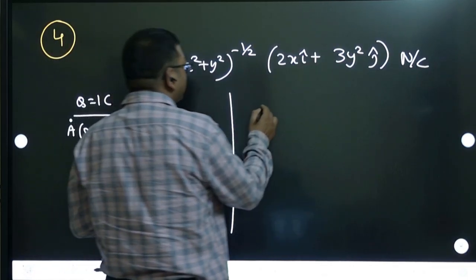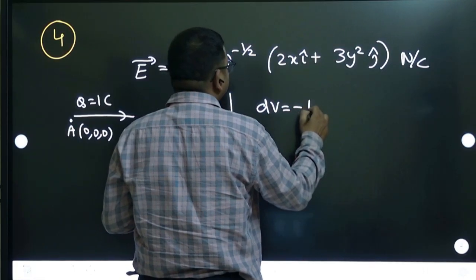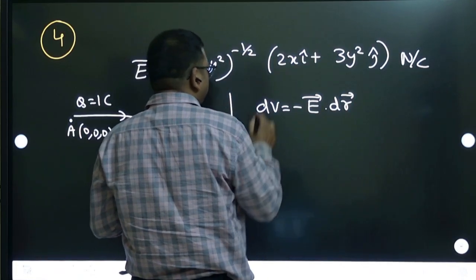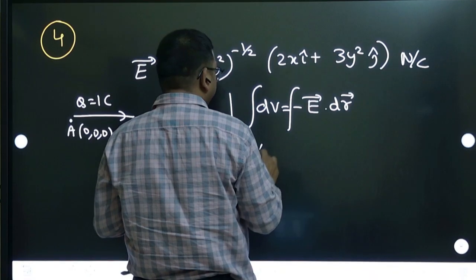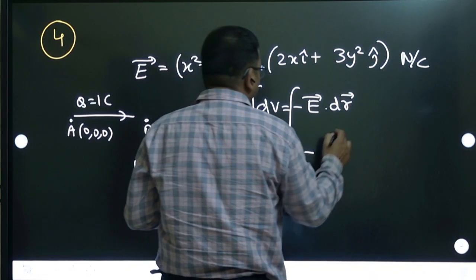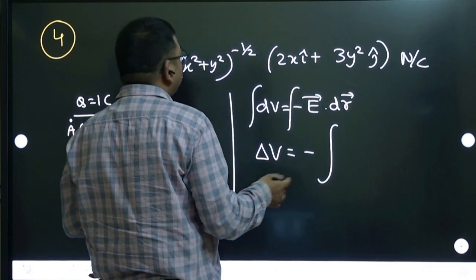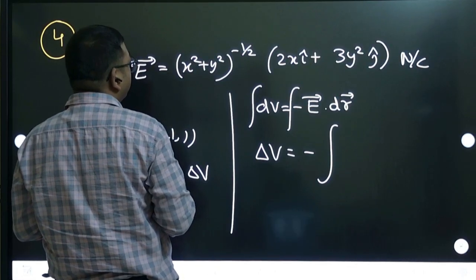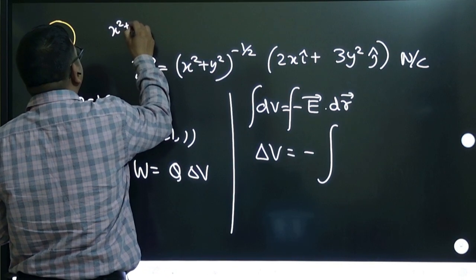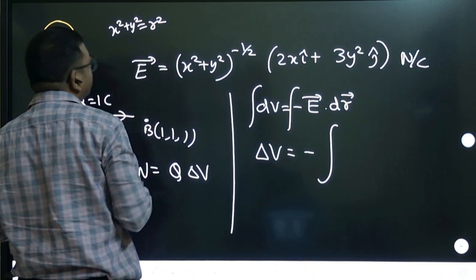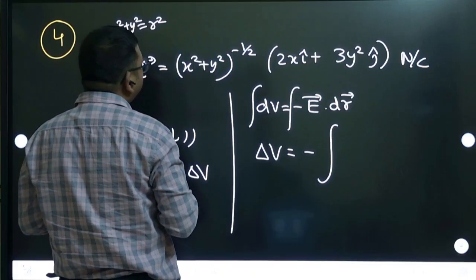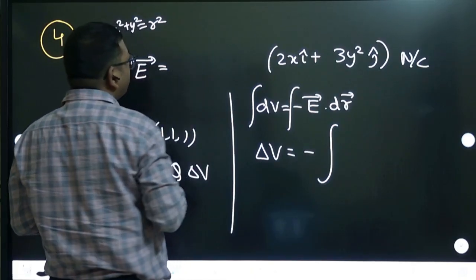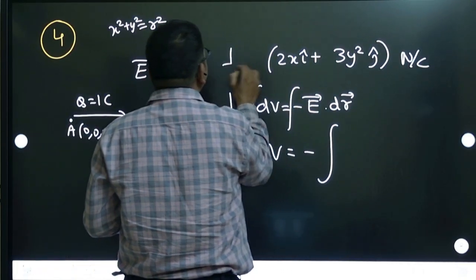So potential difference dV can be written as minus E dot dr. Then we can integrate to calculate the potential difference. And dr vector is what? For the time being, you may write x square plus y square as r square, like the position vector. R square power minus half will give 1 by r in the denominator.